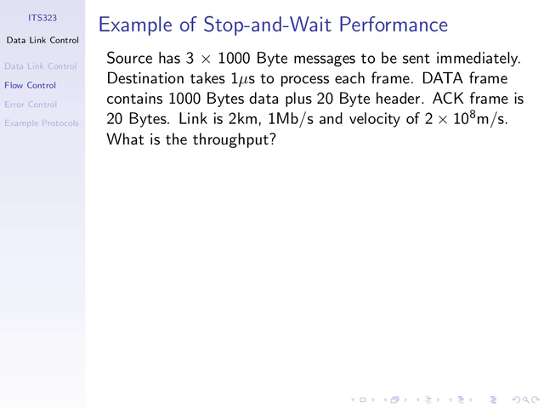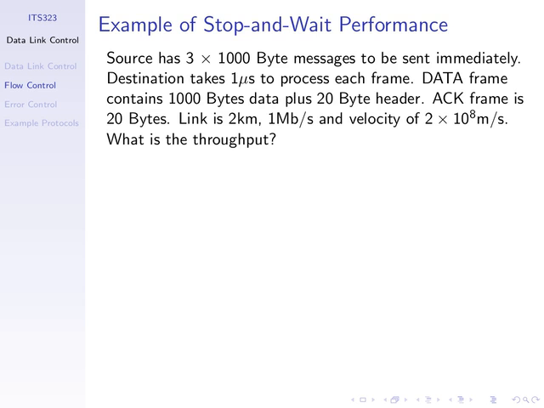Processing, 1, brings us to 16512. Transmit the ACK back in response, another 160. 16672, and propagation another 10. So at time 16682 microseconds after the start, we've now delivered 2 frames and they've been ACKed by the receiver.